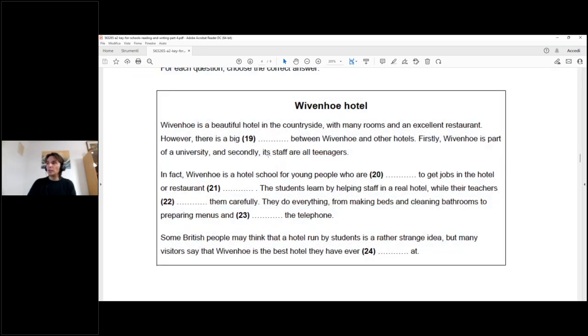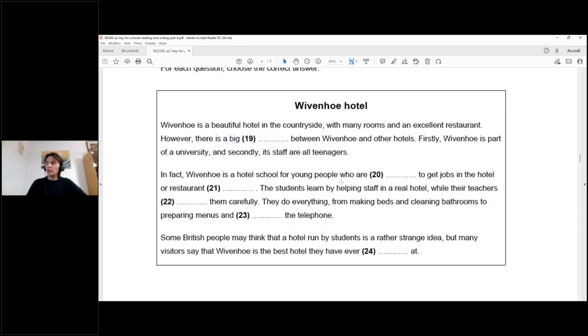Quindi i propri dipendenti sono tutti adolescenti. In fact, Vivenau is a hotel school, è un albergo scuola for young people, per giovani persone, who are to get jobs in the hotel or restaurant.